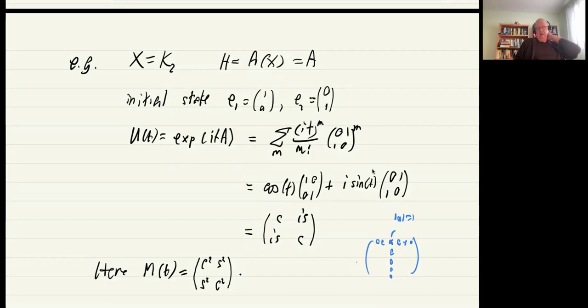So if the BA entry of U of t is 1, and your initial state is on the vertex B, then the state at time t will be the vertex A, and you get the same result every time you do the measurement. So it's not quantum anymore, it's classical in some sense. It's not really classical, but the point is you always get the same result.